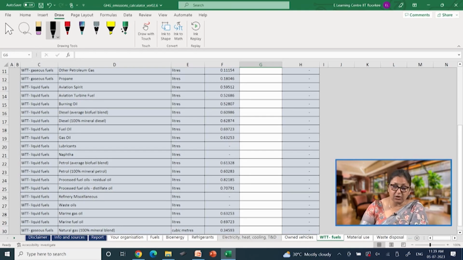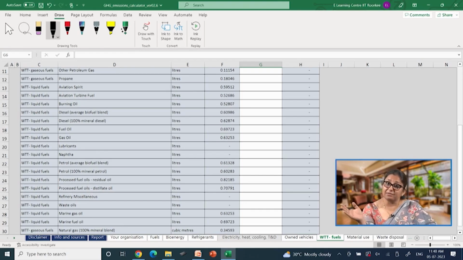So, we are talking about all different types of fuels that are used in the world today, but this tab is relevant only for companies which are in the business of fuel production, extraction and supply of that, but not the sale of them maybe. Some companies might also be involved in the sale, but this is also going to come under scope 1 for companies which are in the business of extracting.